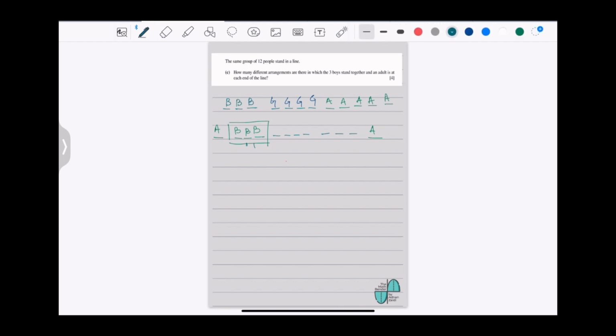So for this one, there are 5 possible ways times 4 possible ways an adult could be there, times 3 factorial for all the boys shuffling within themselves, and then 1, 2, 3, 4, 5, 6, 7, and 8 times 8 factorial.